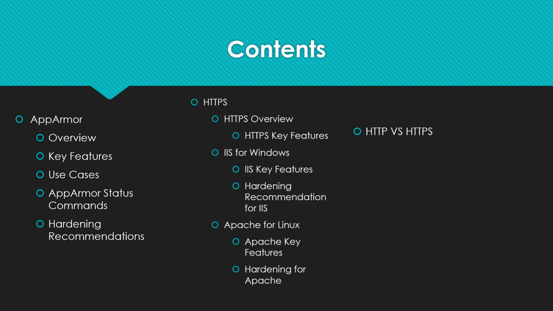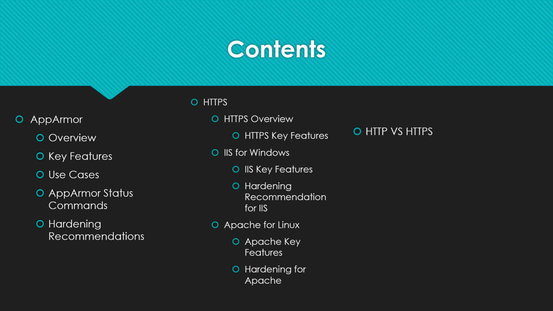So the contents of this presentation, we will be going over two main topics and then a subtopic. One will be AppArmor, having a light overview of AppArmor, going over its key features, use cases, AppArmor status commands, and hardening recommendations. And then another main topic that we will go over is HTTPS.